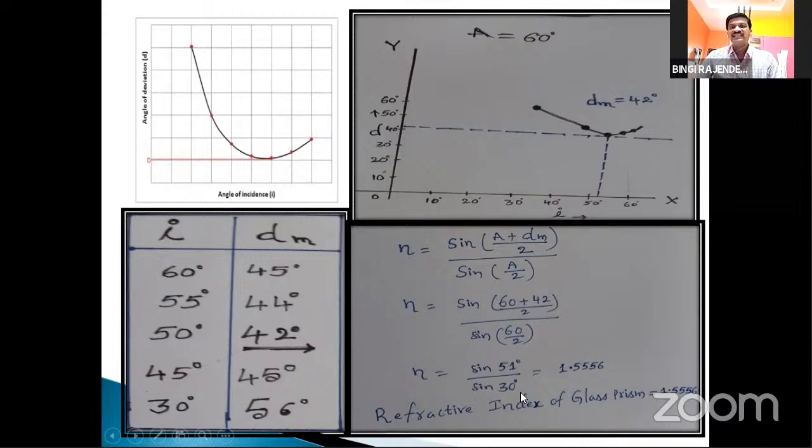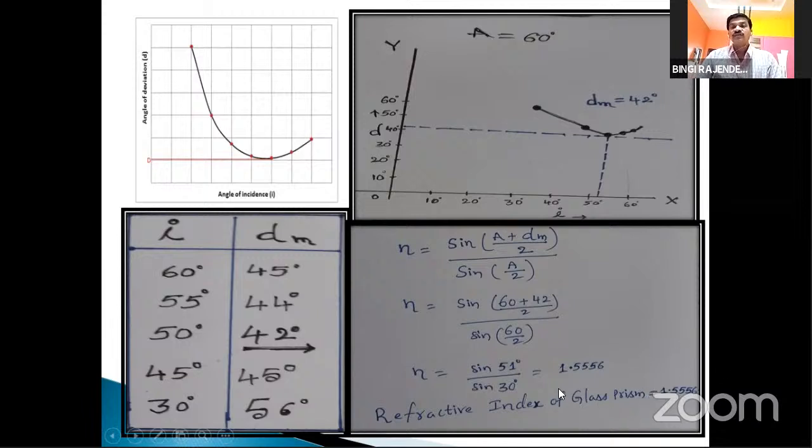We get sine 51 degrees divided by sine 30 degrees. The value of sine 30 degrees is 0.5 or 1 by 2. After calculation, we get the value as 1.5556.